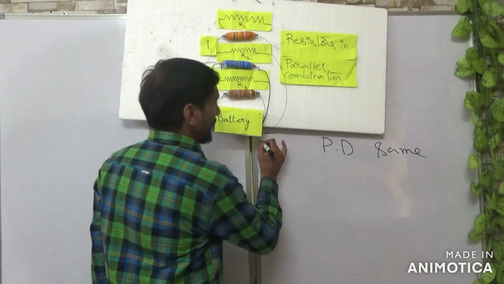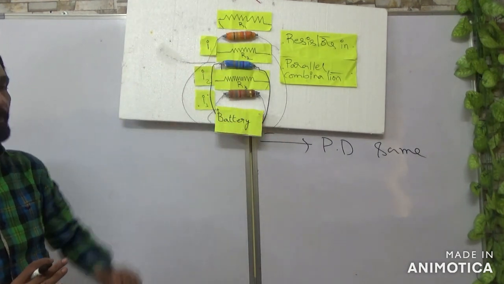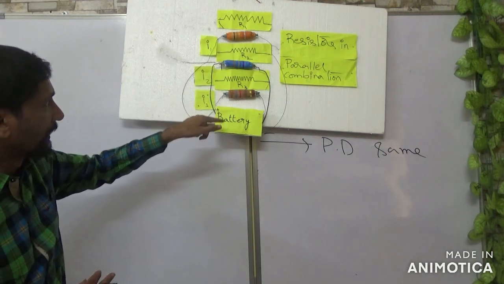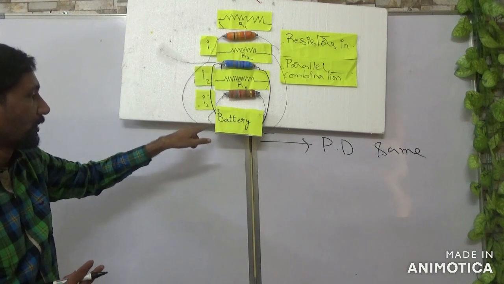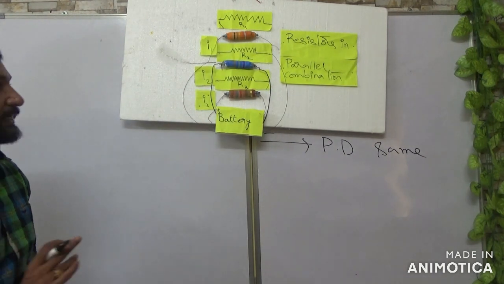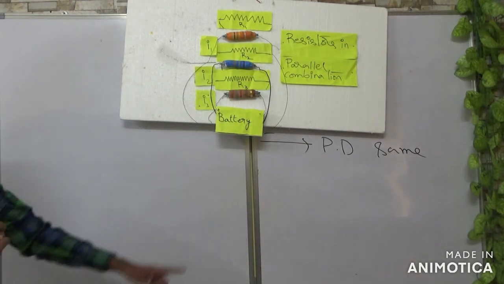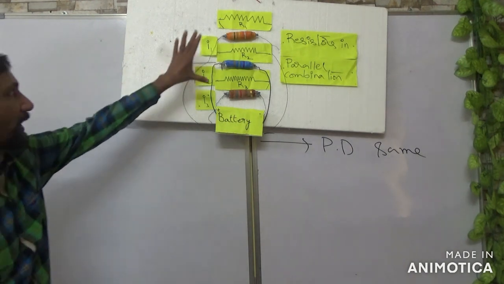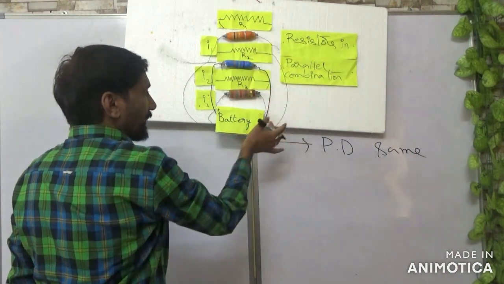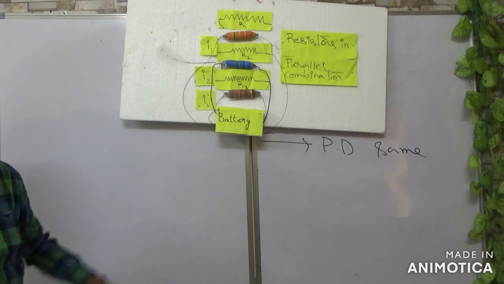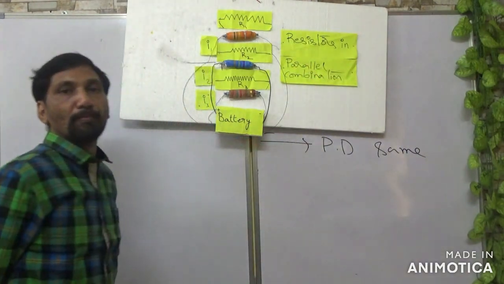The first ends of all the resistors are connected to the positive terminal of the battery, and the second ends are connected to the negative terminal of the battery.